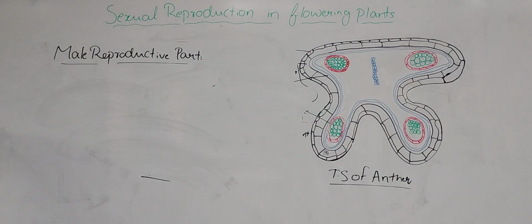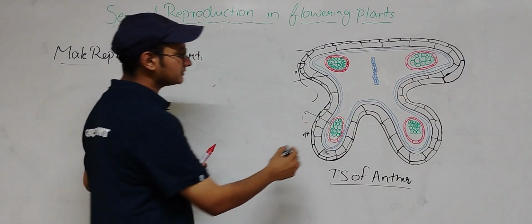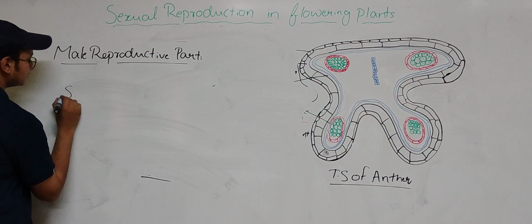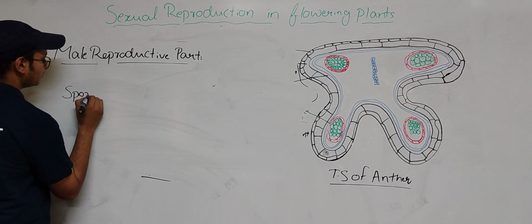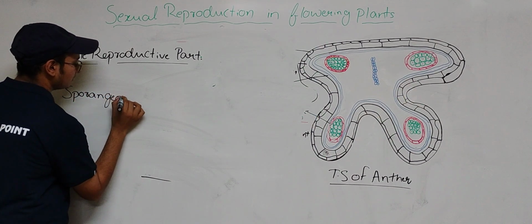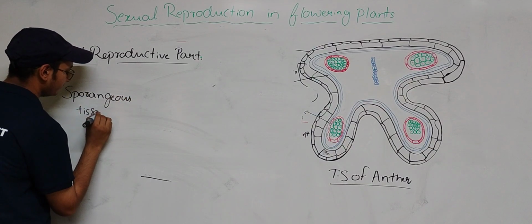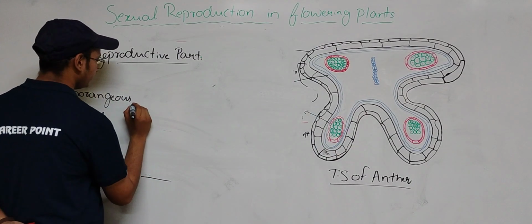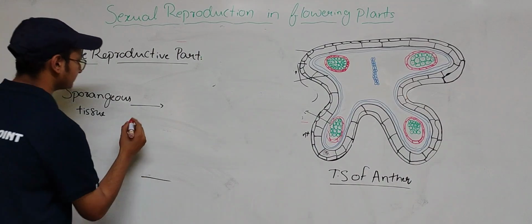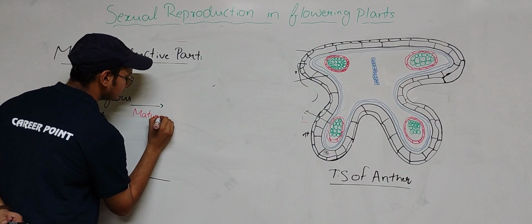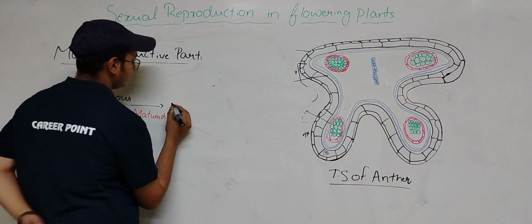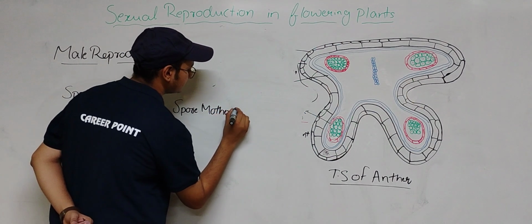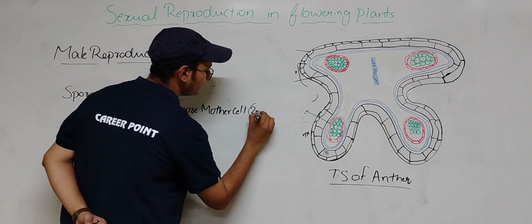And now we have spoken about microsporangia. The microsporangia is present inside. When the anther is young, sporogenous tissue is formed, which is a homogeneous tissue formed in the young anther. And this sporogenous tissue becomes matured, becomes spore mother cell, which is diploid in nature.